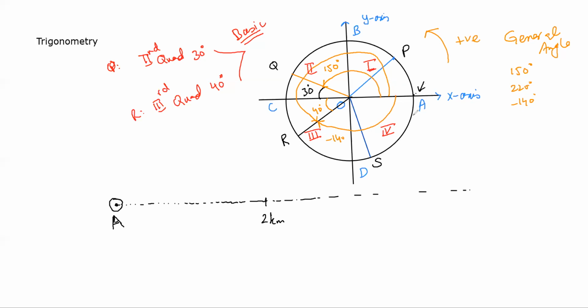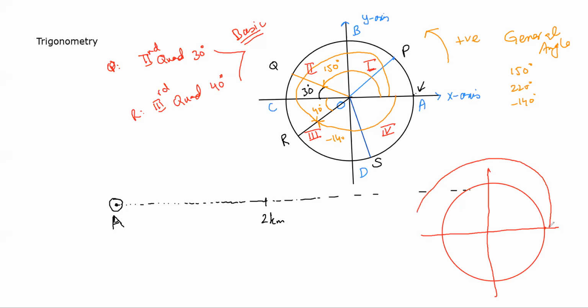Let me give you an example of how it can go into the hundreds or the thousands. Look at this case over here. I have to draw this quickly, so excuse me for these rough lines. Suppose a point started from here, rotated all the way, and then stopped at this point.